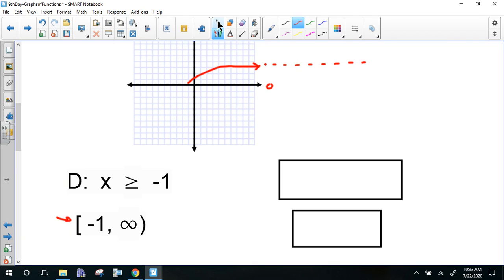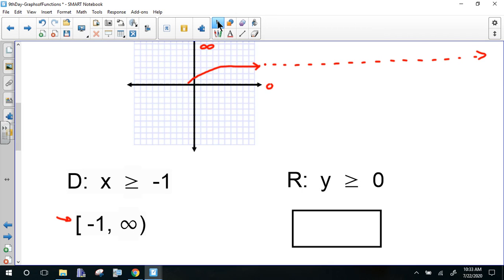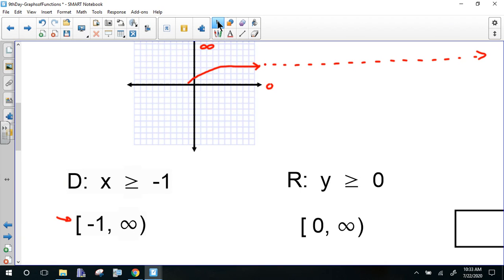It's going to continue to slowly rise as the x's get bigger. So it's eventually going to get to infinity. Okay? So the range would be all y values are greater than or equal to 0. And to write that, it's bracket 0, comma, infinity.